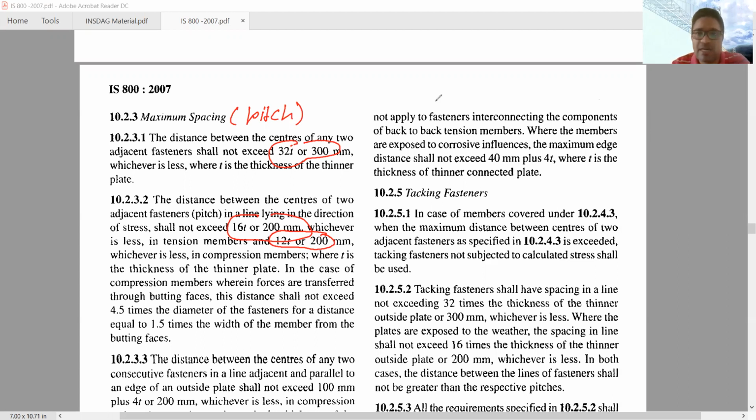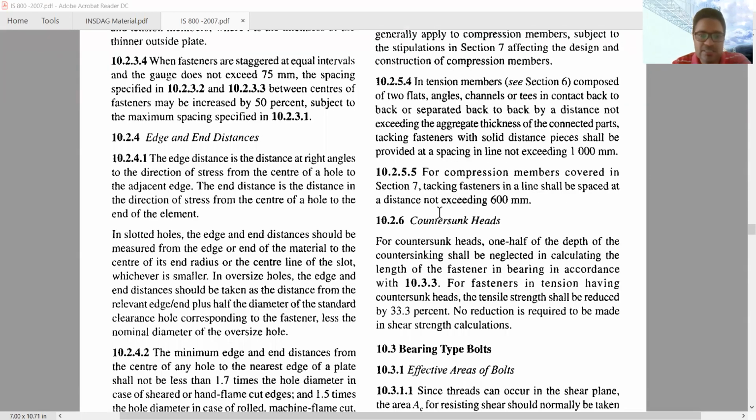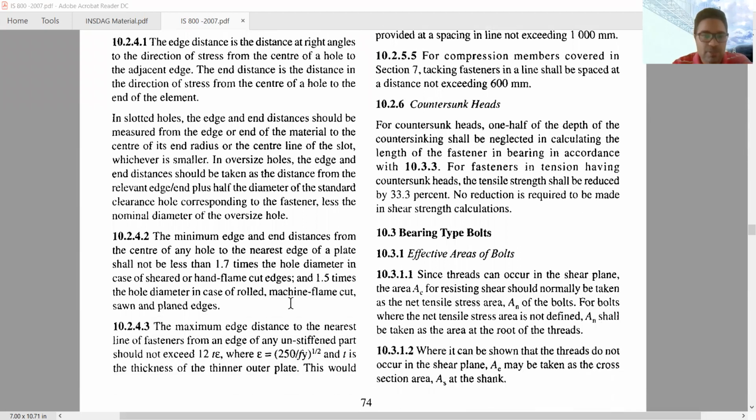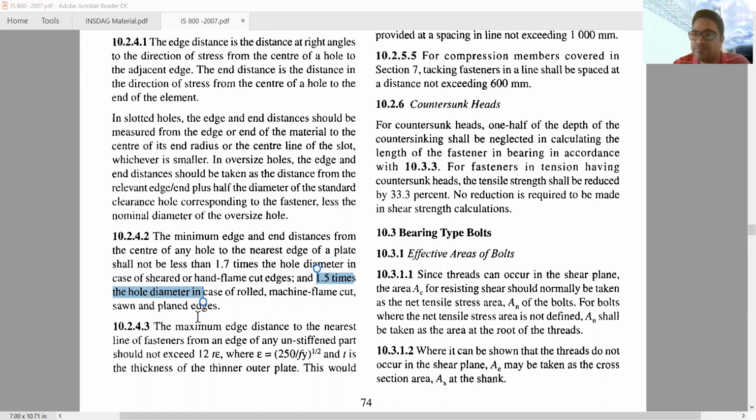Similarly, various other specifications are given. Then edge distance is also given here. Here it says 1.7 times the dia of the hole and 1.5 times the dia of the hole. So it depends on the quality of the hole, how you are drilling the hole within the plate.